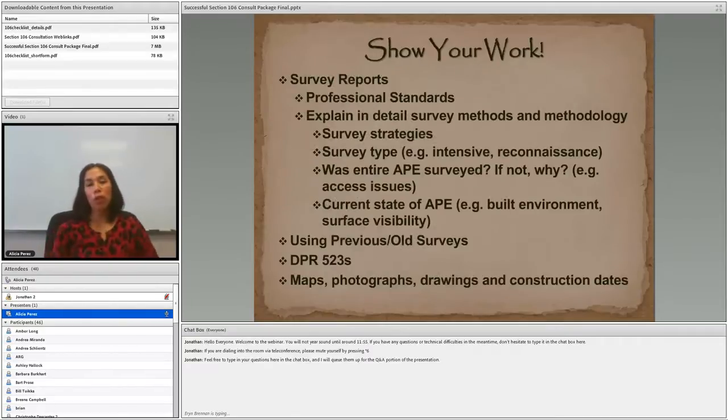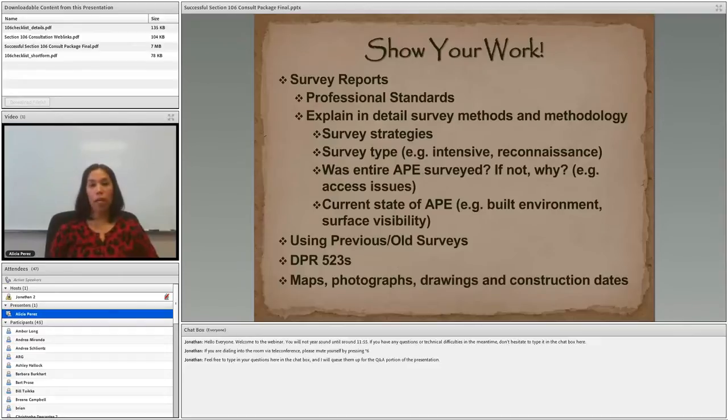So you definitely want to show your work. That's the key. Just remember the cold reader. For survey reports, you want to specify that the person or persons that conducted the field work and the archival research meet professional standards in their area of expertise.